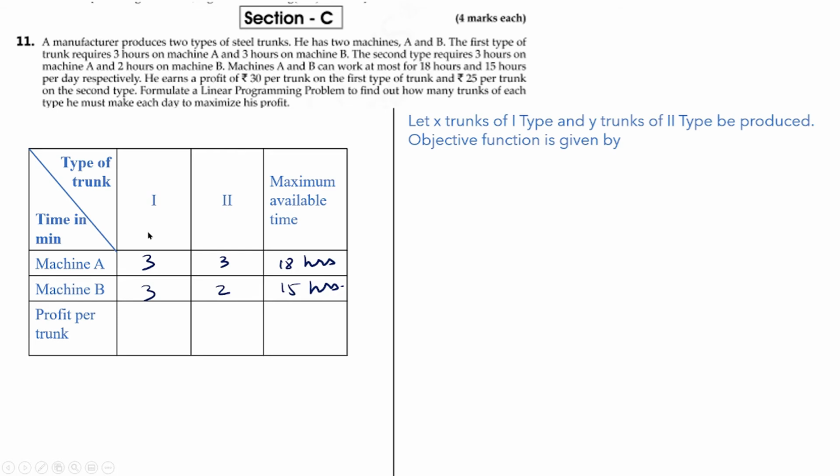Next we have the profit per trunk. So on the first type the profit is rupees 30 and on the second type the profit is rupees 25. We need to formulate an LPP to find out the number of trunks of each type that must be made to maximize the profit. So let X trunks of first type and Y trunks of second type be produced per day.